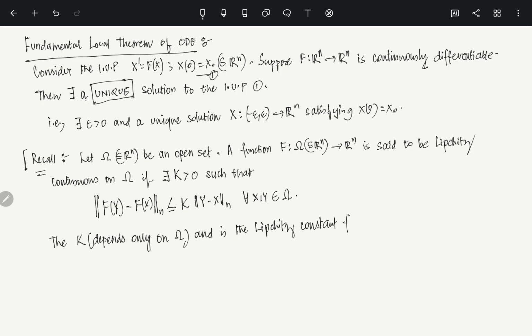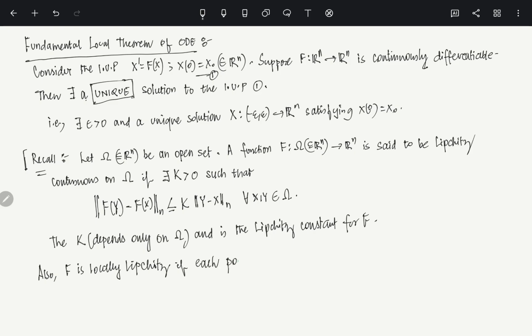And you can also recall that we say also F is locally Lipschitz.